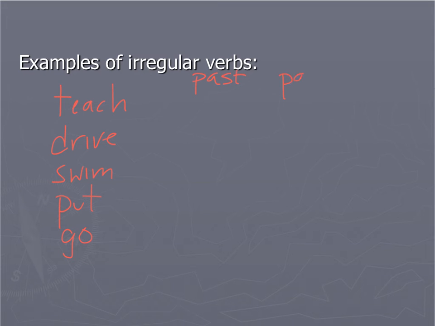I'm going to put them in the past participle. Okay, and we always want to know with any form of the past participle, we need a form of have. So the past of teach, if you think about it, it's going to be taught. And the past participle is going to be have taught.